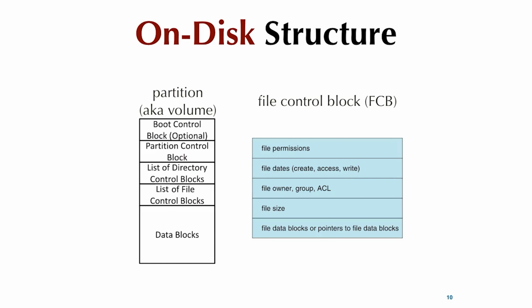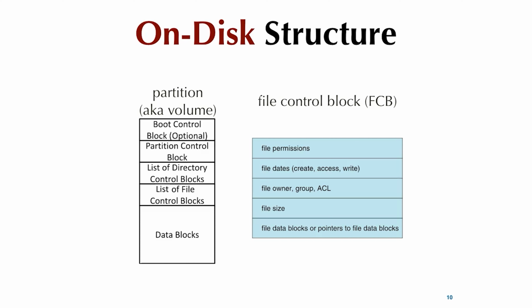So on this structure here, right, another illustration. So a partition or volume would have to have this information. From the beginning, you have the boot control block. That's optional. If you want to have an OS, you put that boot control block there. There's the partition control block, a list of directory control blocks, and also a list of file control blocks.